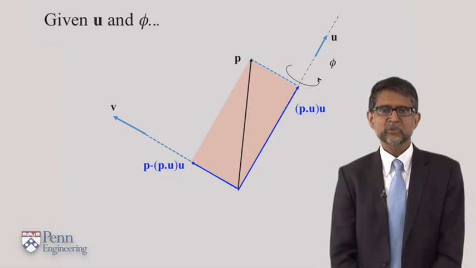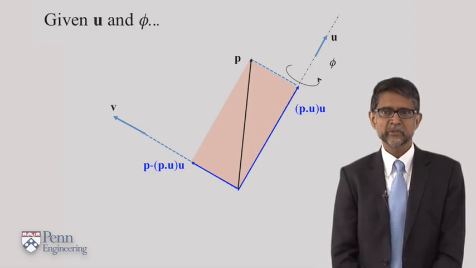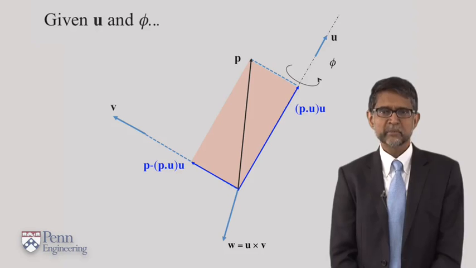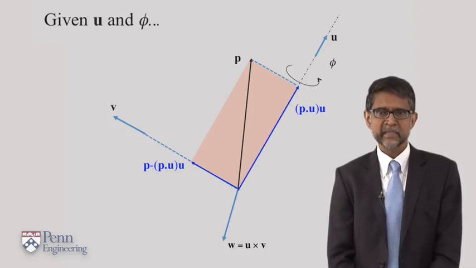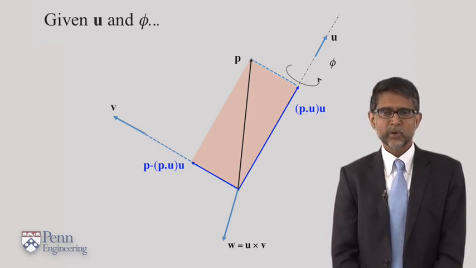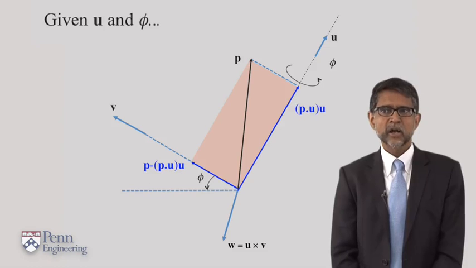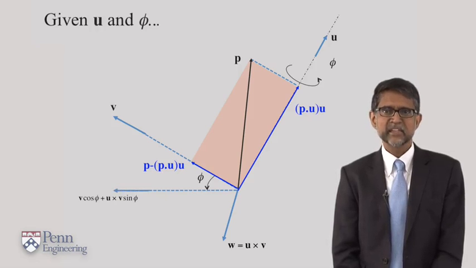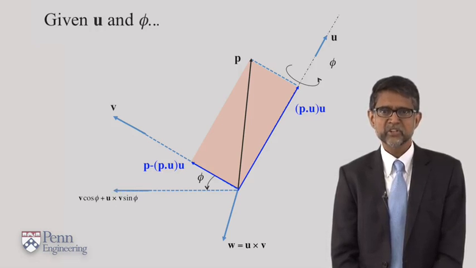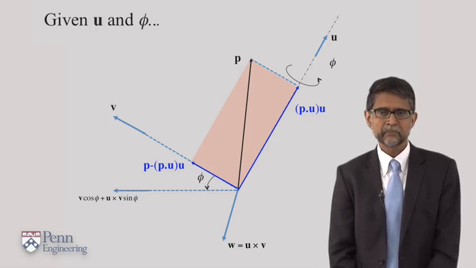So I'm going to use now three vectors, u, v, and the orthogonal vector w, where w is given by u cross v, as my local coordinate system, or my local basis. So once again, the vector along u does not get rotated, but the vector along v does get rotated. And this is what it looks like. It's v cosine phi plus w times sine phi. So this is simple trigonometry, and you should be able to verify it.